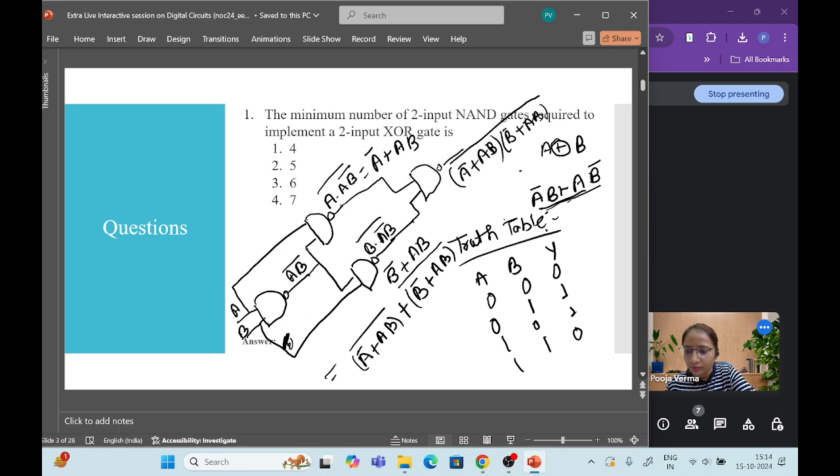Okay. Now again, if we remove this one, then we will get A double dash into AB dash plus B double dash into AB dash, right? Here, what will we get? A into, if we again remove this one, we will get A dash plus B dash.